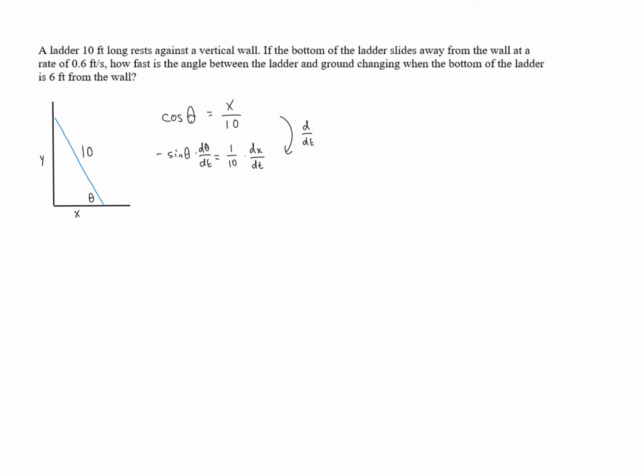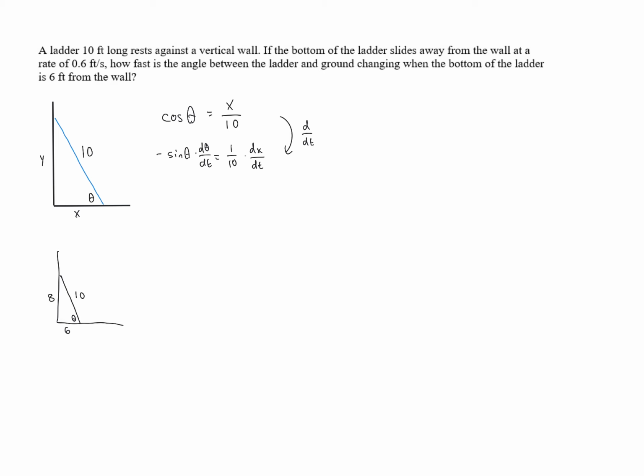We are going to need to know what sine of theta is. Sine is opposite over hypotenuse, so we're going to need to know the value of y. I'm going to draw a very rough diagram of what we've got here. We've got 10, theta. At this particular moment, we're told that the bottom of the ladder is 6 feet from the wall, so we know that this is going to be 6. We can use the Pythagorean theorem to find the height.